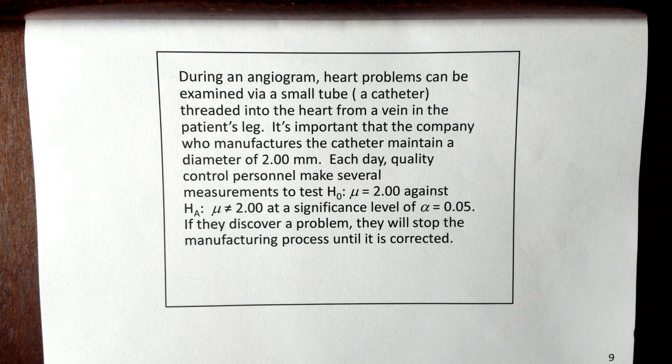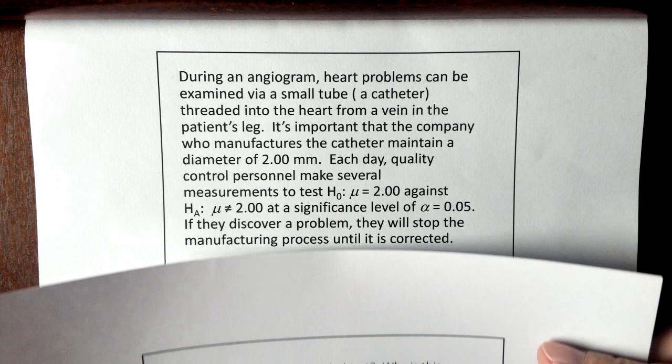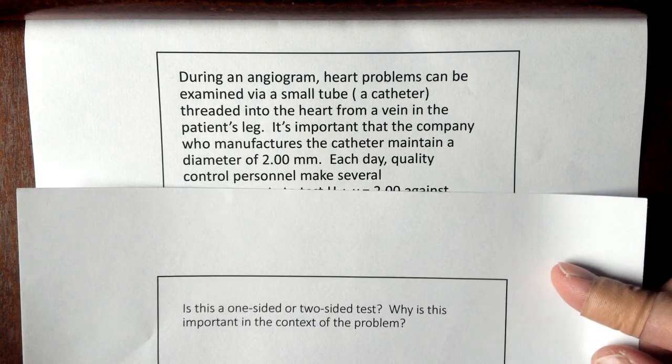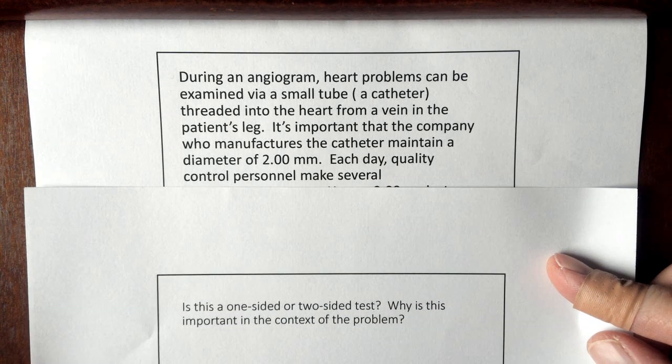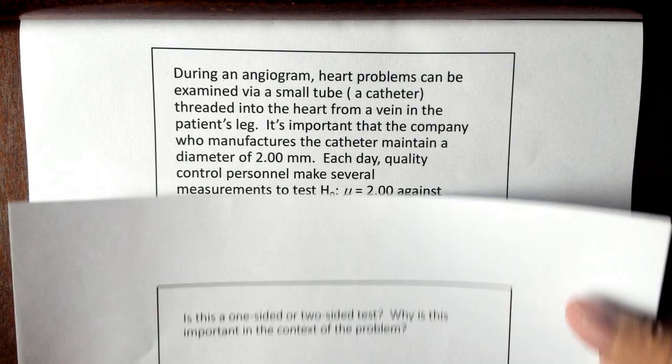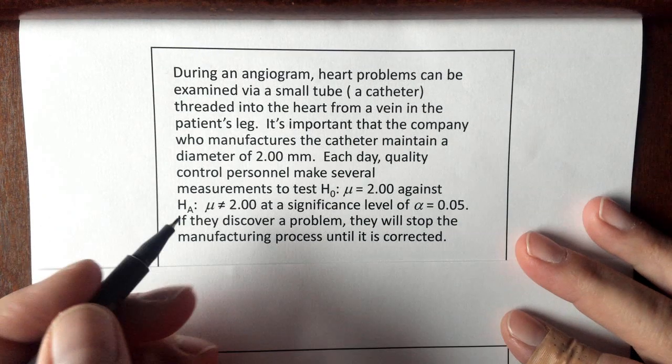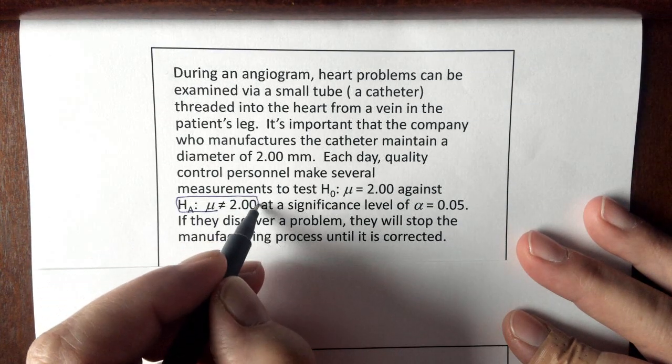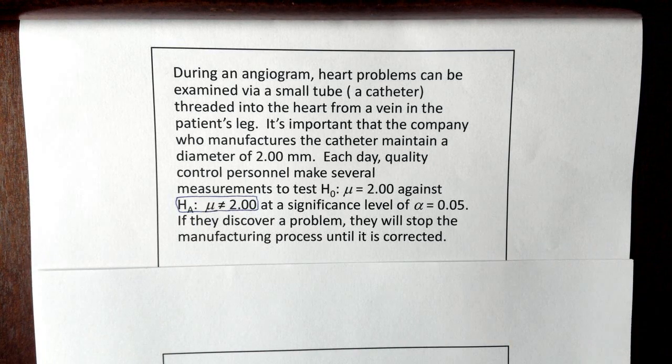Okay, so we skip straight to questions, and we'll start with this next slide, which poses the question, is this a one-sided or two-sided test, and why is this important in the context of the problem? If I look at my alternative hypothesis, this is how I know what kind of test I have, one-tailed or two-tailed.